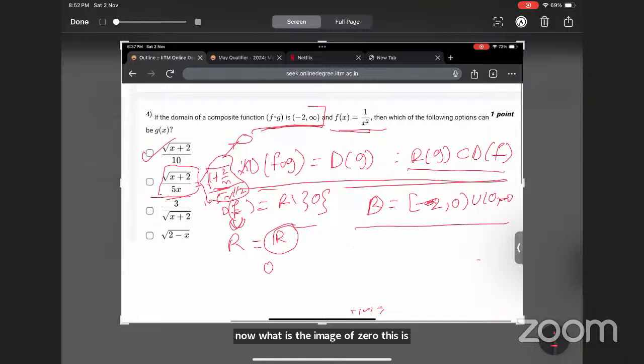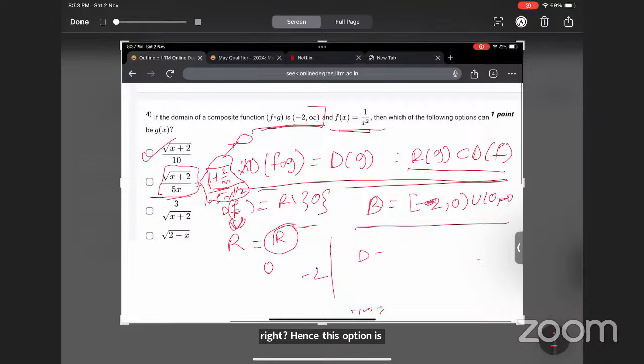Yes, ma'am. Because -2 is the pre-image of the point 0. So if we exclude the point 0 from the range, then the domain will be -2 to 0 union 0 to infinity. So this is clearly not equal to -2 to infinity, right? Hence this option is incorrect. Is it clear now?